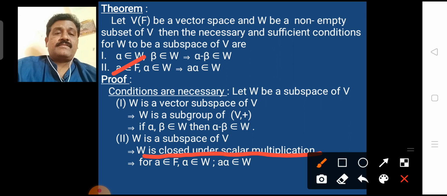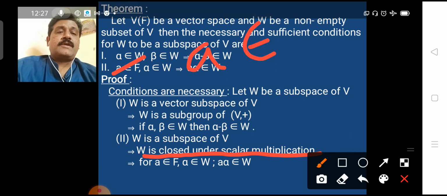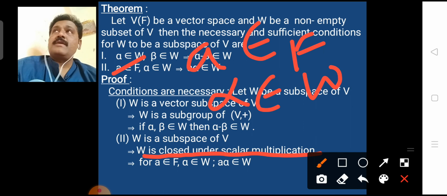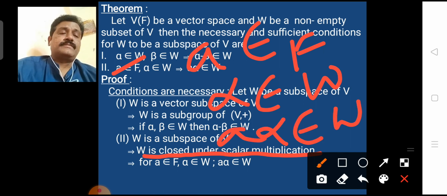That is, a belongs to F and alpha belongs to W implies a alpha belongs to W. So we prove the given two conditions.